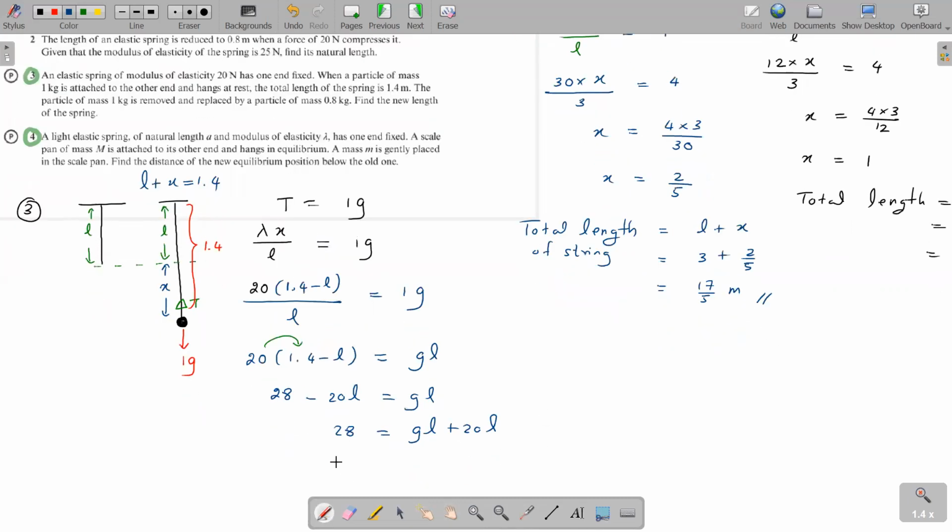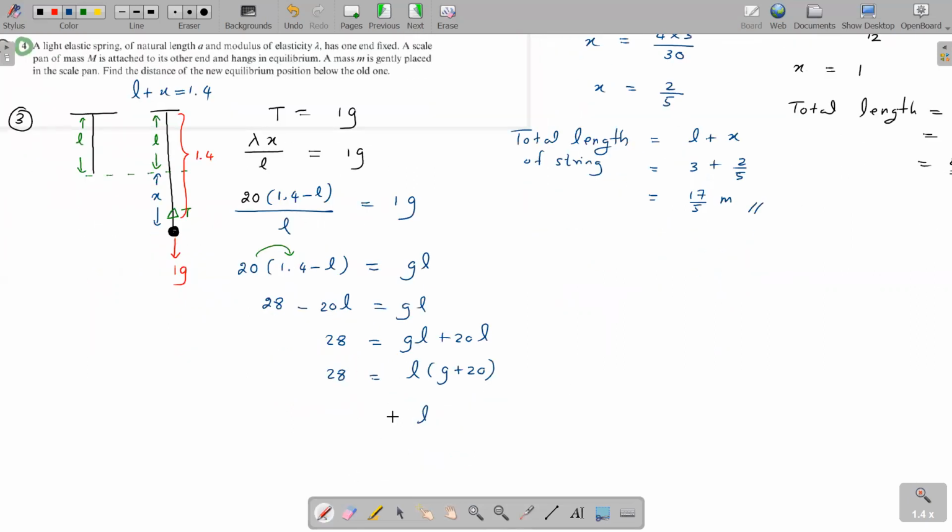Taking L out, we get g plus 20. So I get L equals 28 over g plus 20. Can I know how much L is? Do we get an exact figure? Use g as 9.8. You will use g as 9.8 in mechanics in M1, M2, M3.